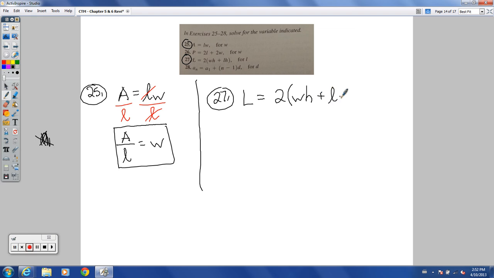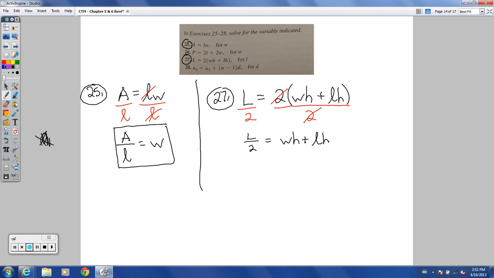This is going to be that. We're trying to solve for the lowercase l by itself here. And so how could we do that? Well, first I see that dividing everything by 2, this side by 2 and this side by 2, I'd get rid of the 2 right there. So that's one step closer. So we'd have uppercase L over 2 equals WH plus LH.